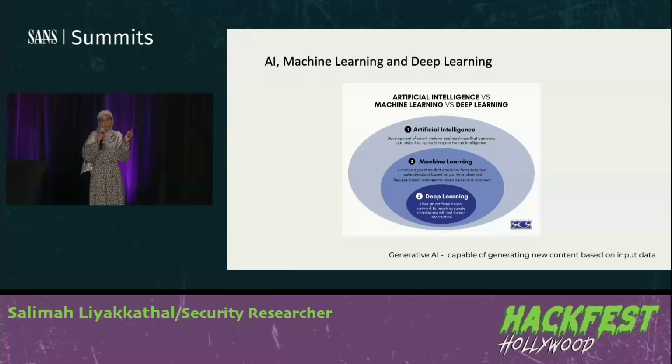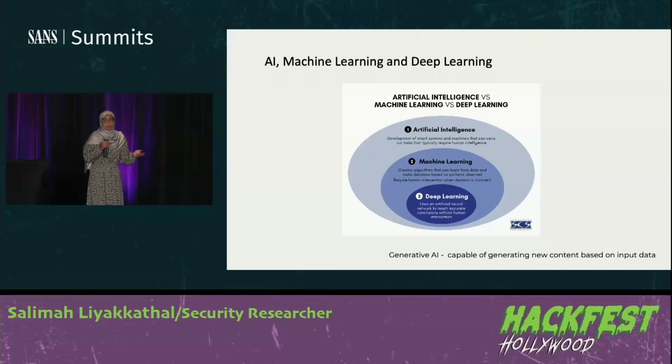Secondly, the subfield, we have machine learning. This focuses mainly on creating algorithms from data to help you in any prediction from the data. And thirdly, deep learning, which is a subfield of machine learning. This focuses mainly on artificial neural networks. And then we also have generative AI, which I'll put at the bottom.